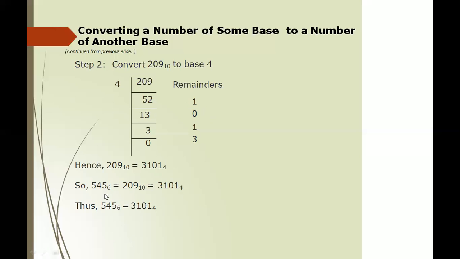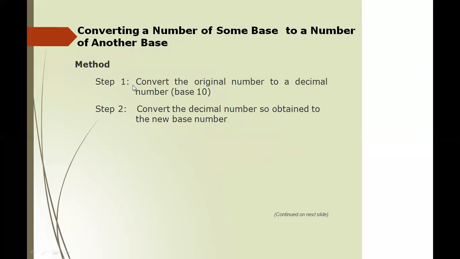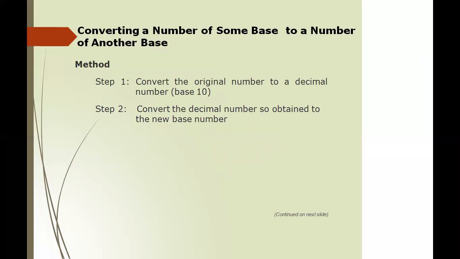And here our question is to convert a number from base 6 to base 4, and finally by following these two steps we can convert a number from one number system to another number system. And converting a decimal number to a number of another base, I think it's very easy for you.